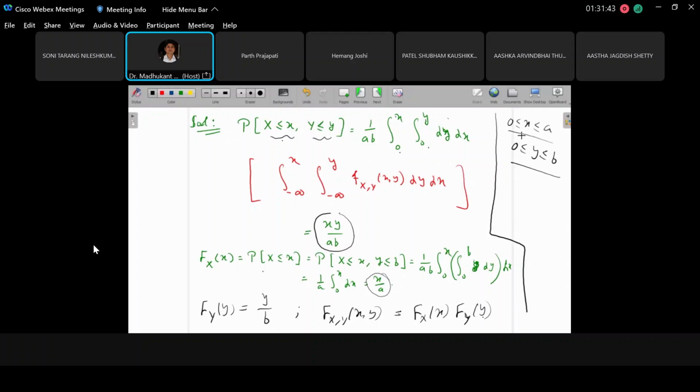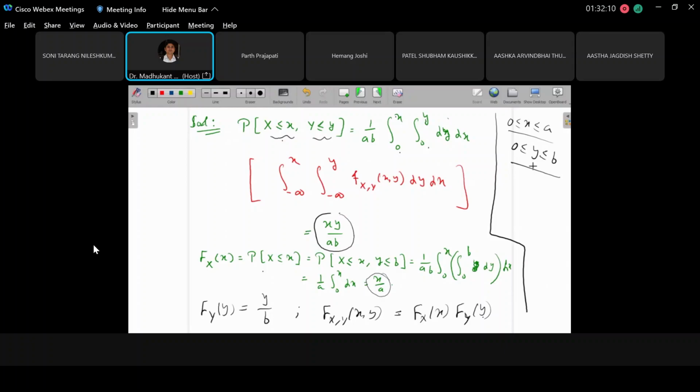So keep that in mind. When you differentiate, you have the Fx derivative is 1 by a over the interval 0 to a, otherwise 0. Similarly, Fy dash is 1 by b, over 0 to b whenever y lies in there. So that PDF is nothing but the PDF for the uniform random variables over the interval 0 to a and 0 to b respectively.